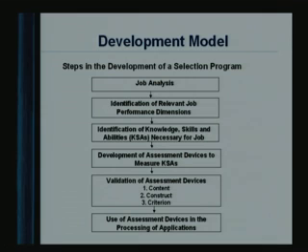Then we want to make sure of the validation of the assessment device. Assessment devices are to be seen in terms of their content, whether they contain all the required dimensions, parameters, and similarly what the construct is and what the criterion is.